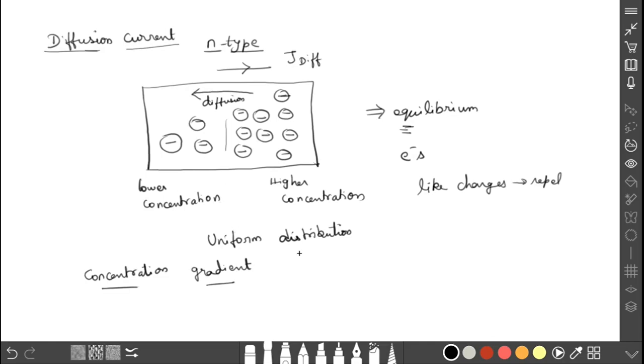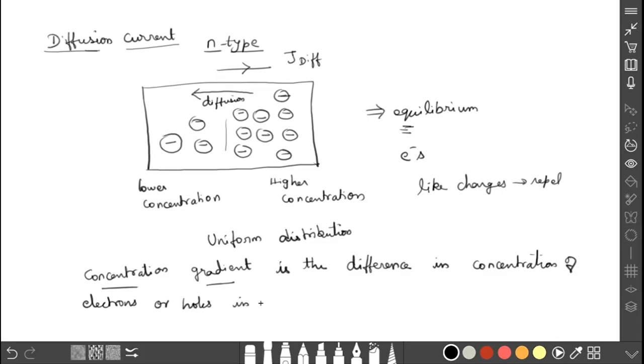So I will write here: the concentration gradient is the difference in concentration of electrons or holes in a given area. Here very less, here very high. This is called the concentration gradient.